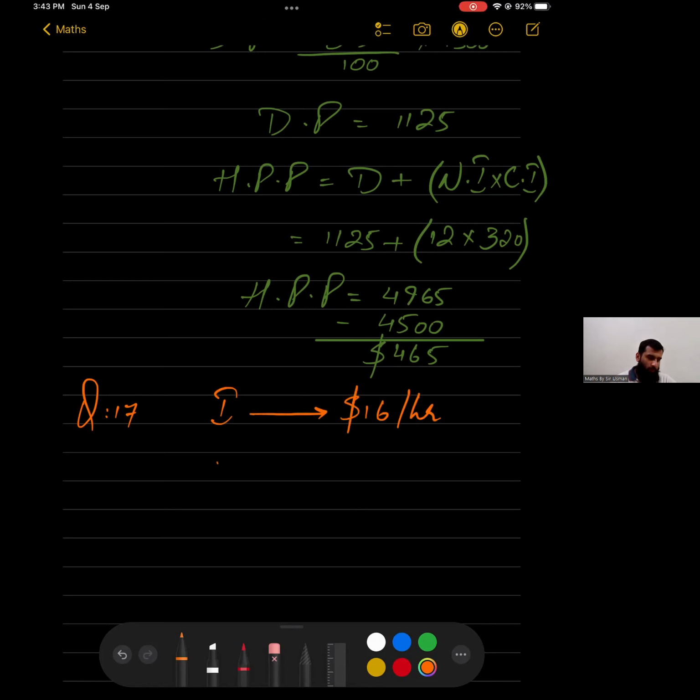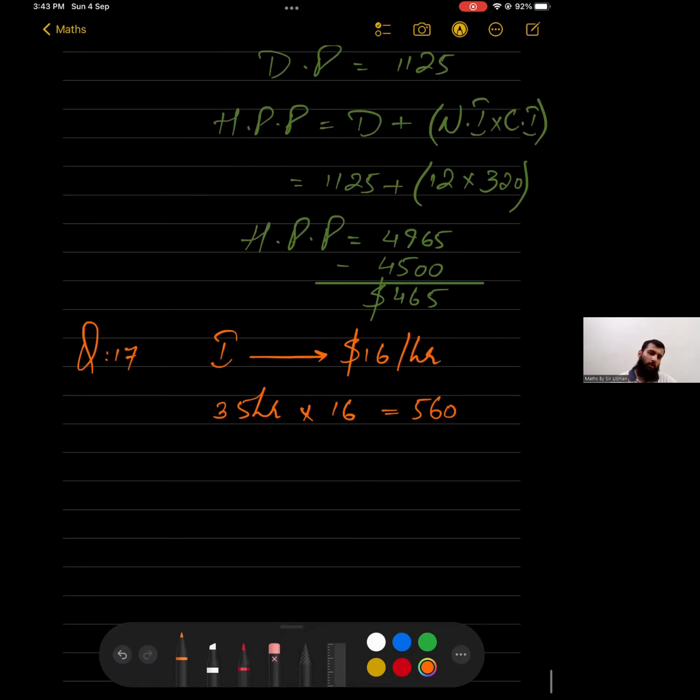In a single week, he works for 35 hours. We need to figure out the amount he is paid for this particular time period. So we will do 35 times 16, which is going to be around 560.